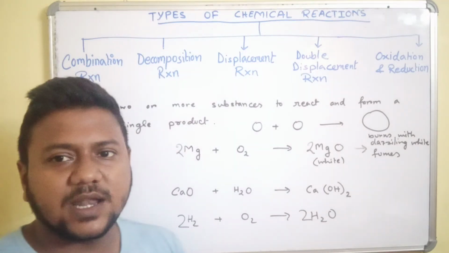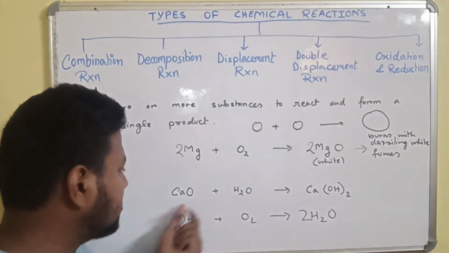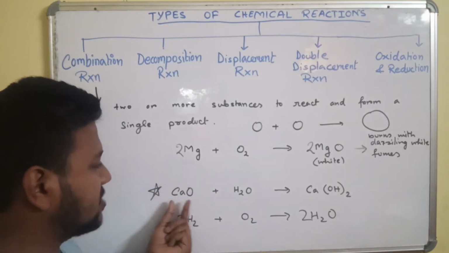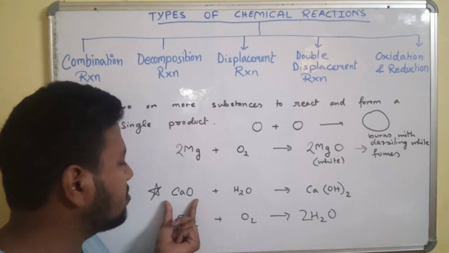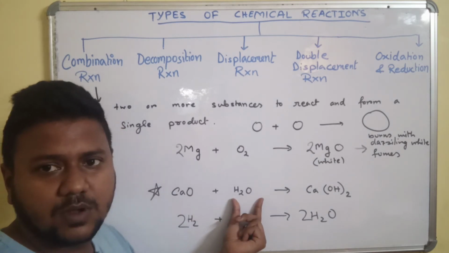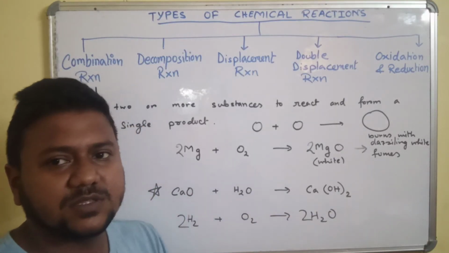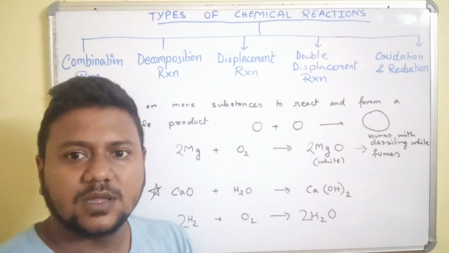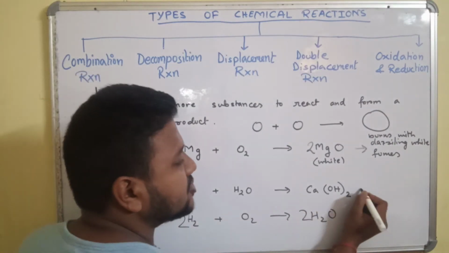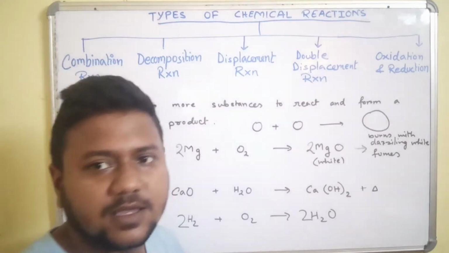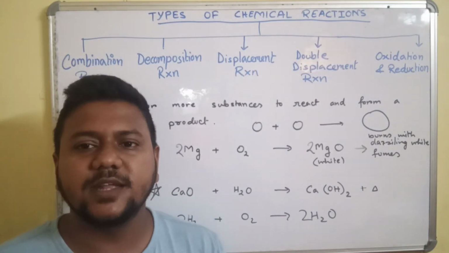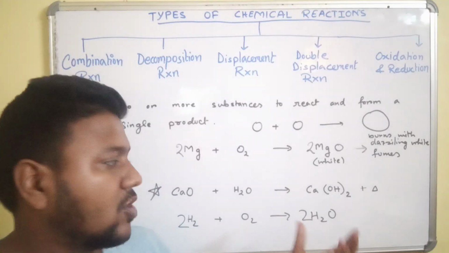Moreover, one more thing that I want to discuss over here: in this reaction, what happens when we dissolve calcium oxide in H2O? We can see that the beaker in which the reaction is taking place gets warmer, there is an evolution of heat. It becomes hot, okay?